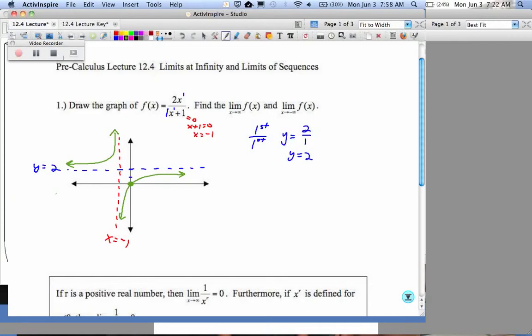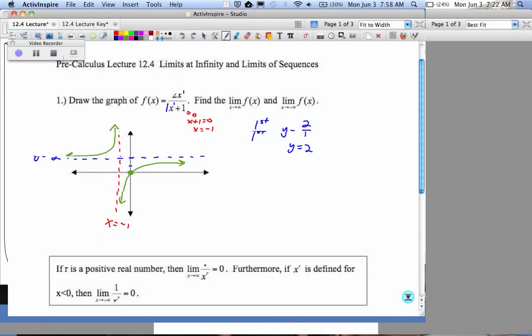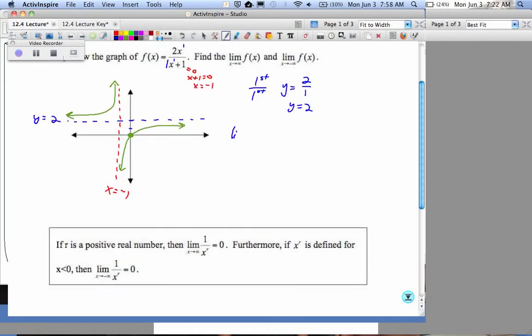Okay, so from this, we could ask a bunch of different questions that go along with chapter 12. I can do what's the limit as x approaches -1. I can do what's the limit as x approaches 4. Let's look at those two.